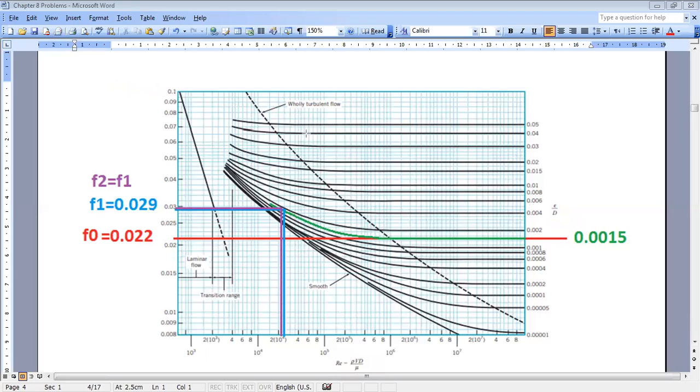As you can see here, you have 3 axes. This axis represents the axis for factor F, which is the coefficient of losses related to major losses. This axis here is for variation of Reynolds number, so for several Reynolds numbers. And this axis here is for different values of epsilon over d.